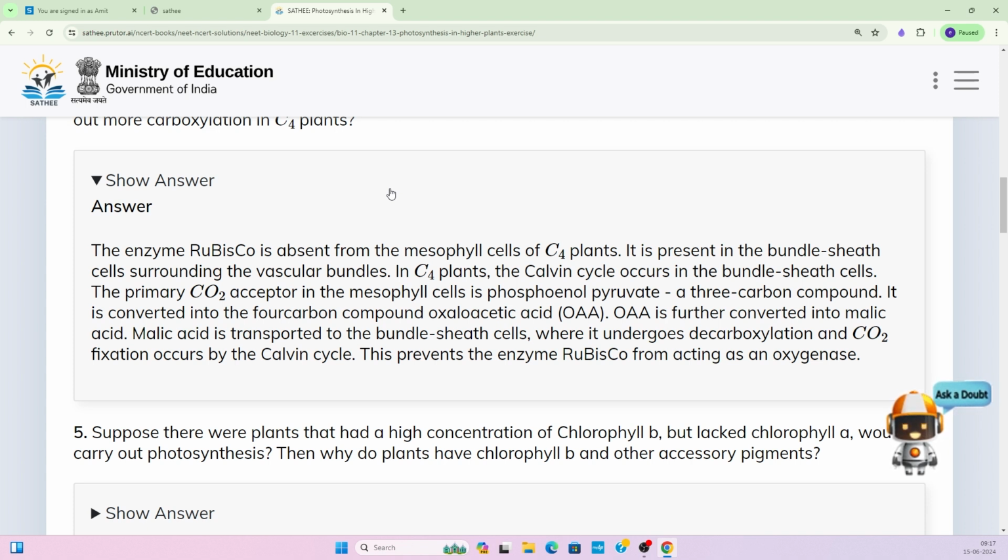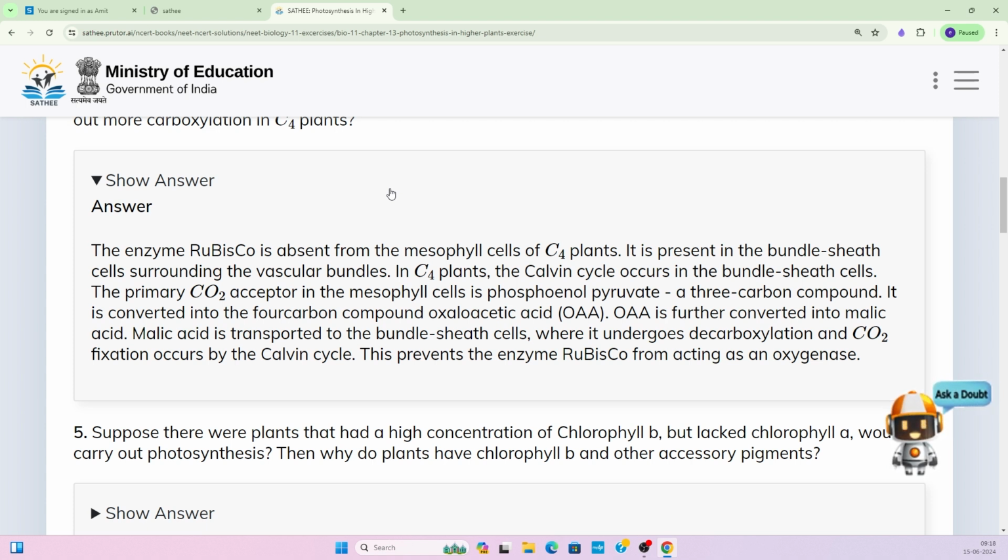So here the decarboxylation occurs and the CO2 is released and that released CO2 can enter the Calvin cycle. Now here no oxygen is available for the Rubisco enzyme. So whatever the carbon dioxide is there, it is utilized for the process of photosynthesis. It is not showing any oxygenase activity.